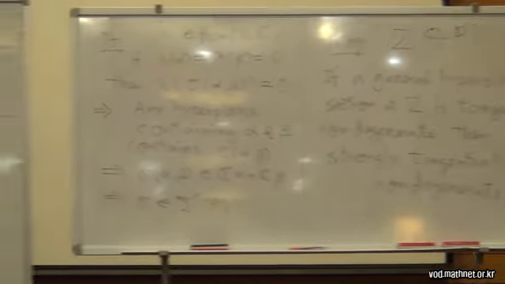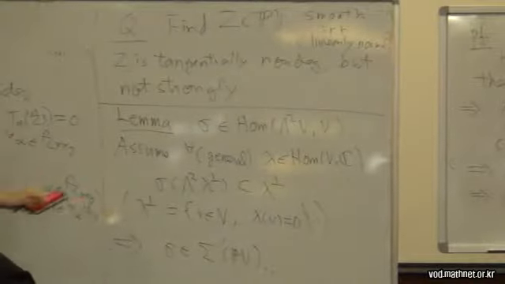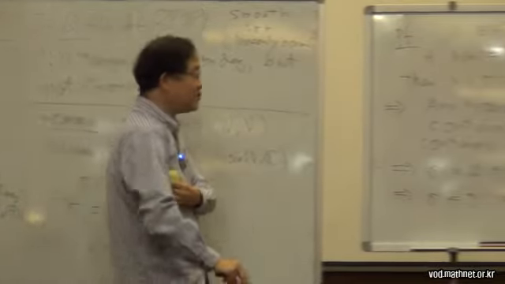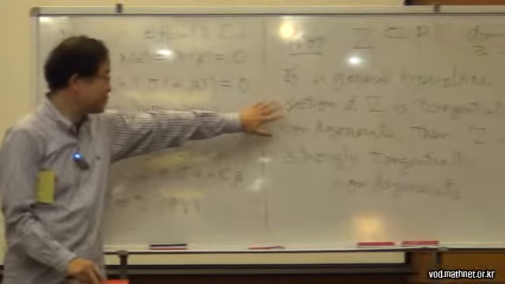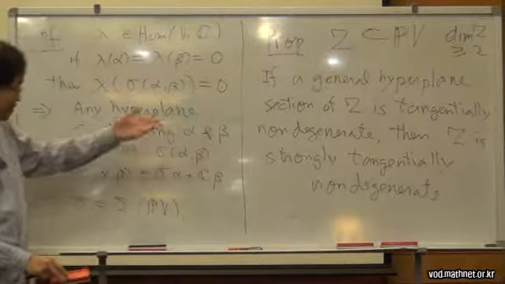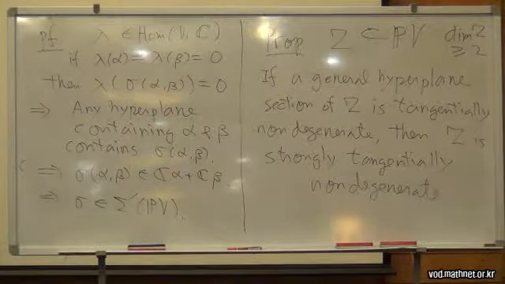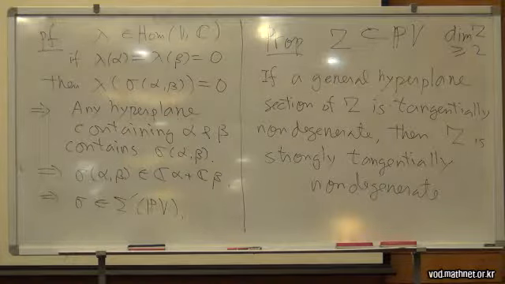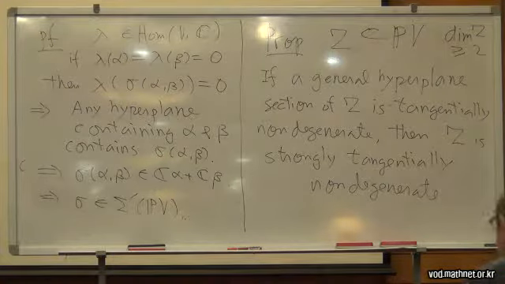And actually, this kind of thing suggests that strong tangential non-degeneracy should be formulated in terms of vanishing of a certain cohomology, some Koszul cohomology. But I don't know what the correct definition is.